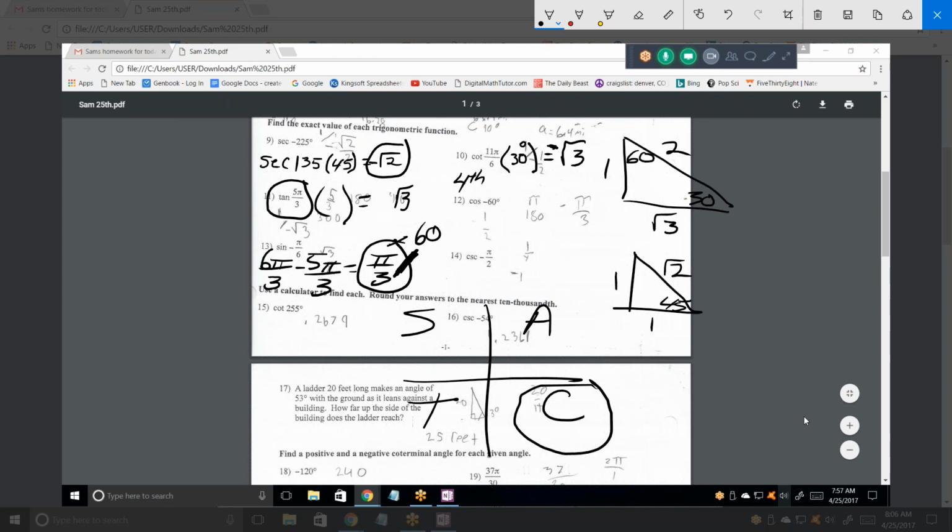Now let's put a plus or minus sign on it. We're again in the fourth quadrant. That's fourth quadrant. So what's tangent in the fourth? Tangent would be negative. Okay. Now, just for the heck of it, I want you to try doing that in your calculator.